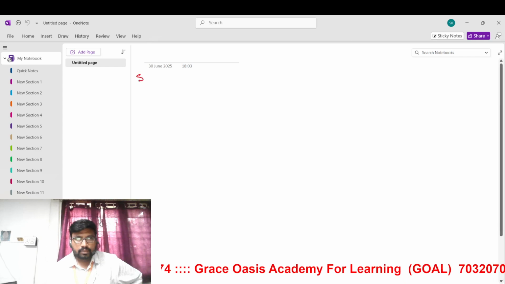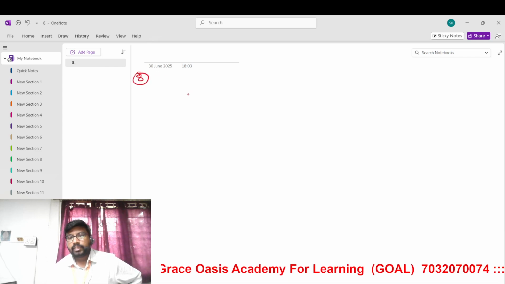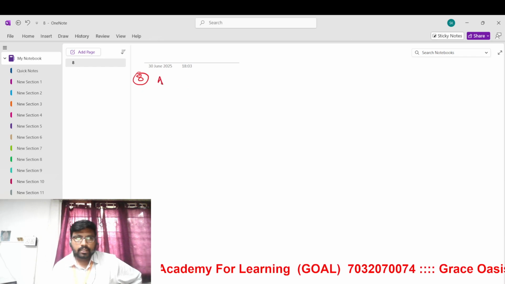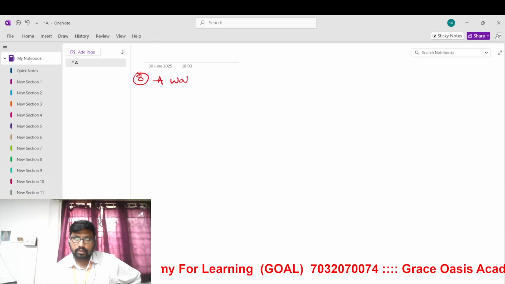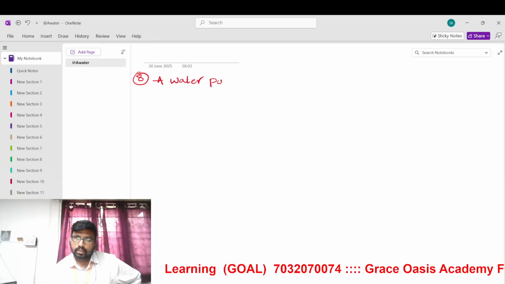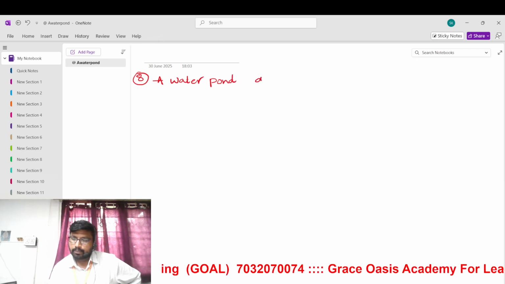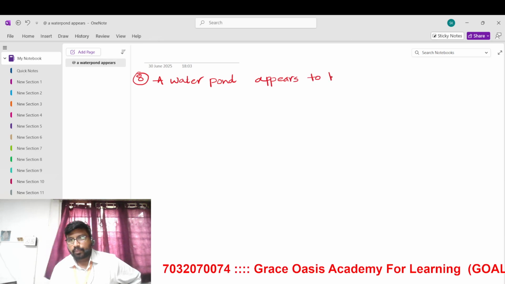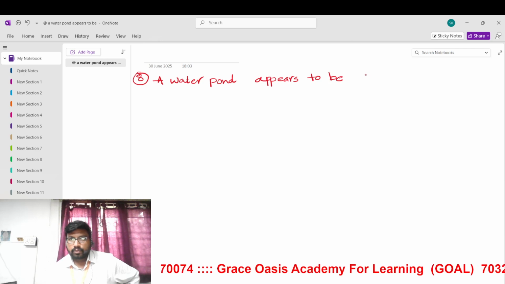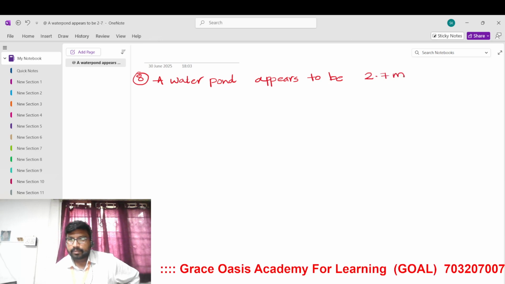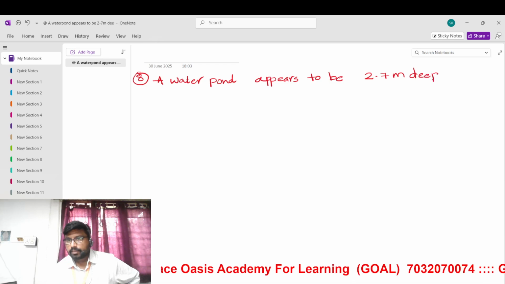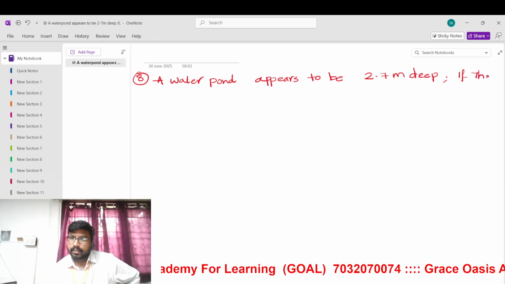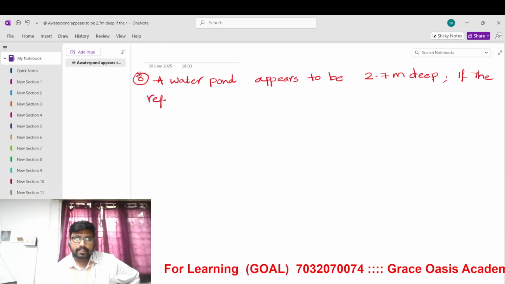So generally questions will be like a coin is in water. A water pond appears to be 2.7 meter deep.